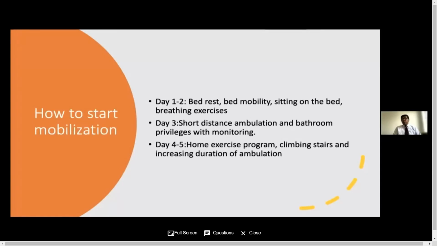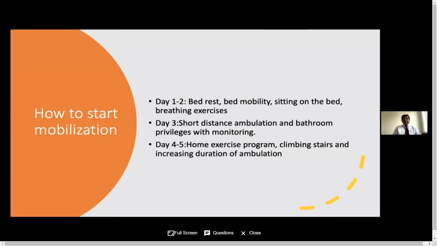So how are you going to start mobilizing the patient? First day, they have gone through a lot of problems. They had severe pain. They have gone to the cath lab. First 24 hours, we let them have bed rest, and at the end of the first day we start bed mobility, sitting on the bed, and we ask them to do breathing exercises.